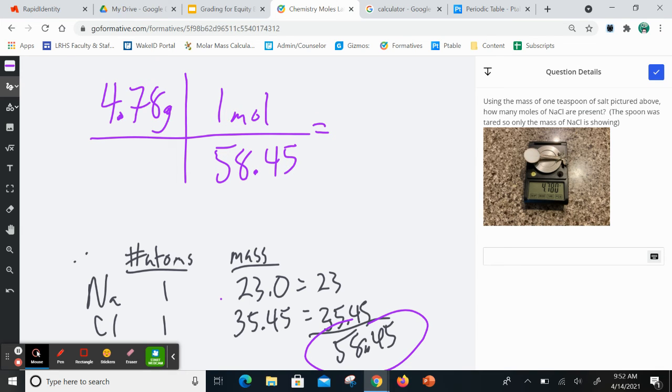And that gives us 0.082. So that's how many moles of salt there are in a teaspoon of salt.